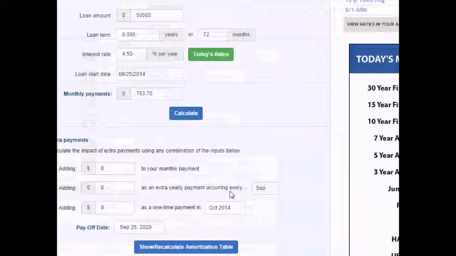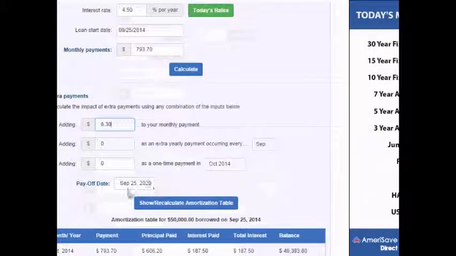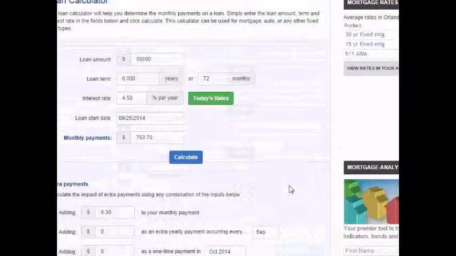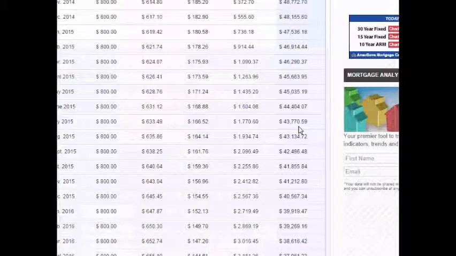What happens if you do add in the extra payments? That's supposed to be $6.30. Okay, we're going to be from September 2020. It's frozen. It's thinking.